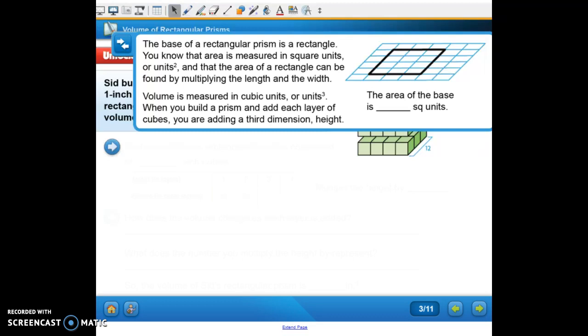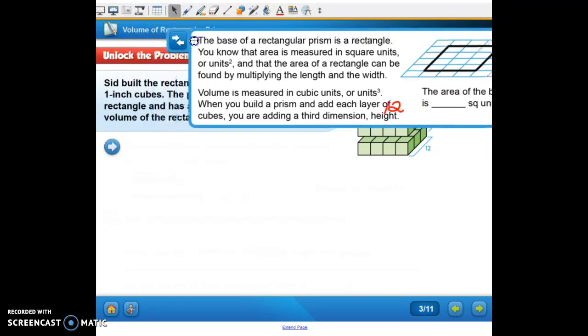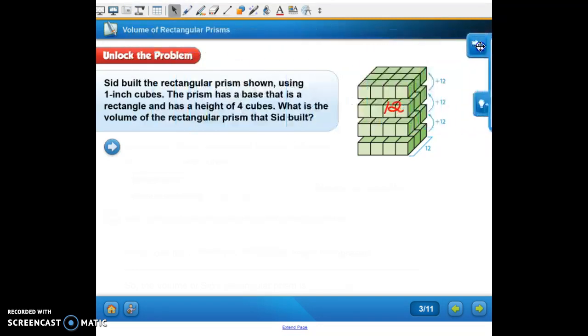You can't count them, or tell me it's 3 by 4? So it is 12 square units or units squared. That's the area of the base of a rectangular prism.